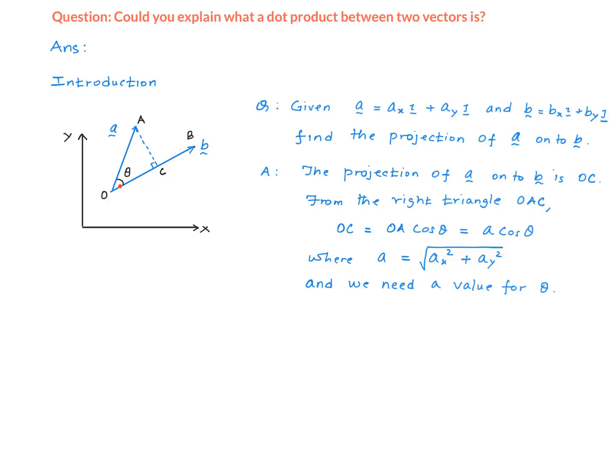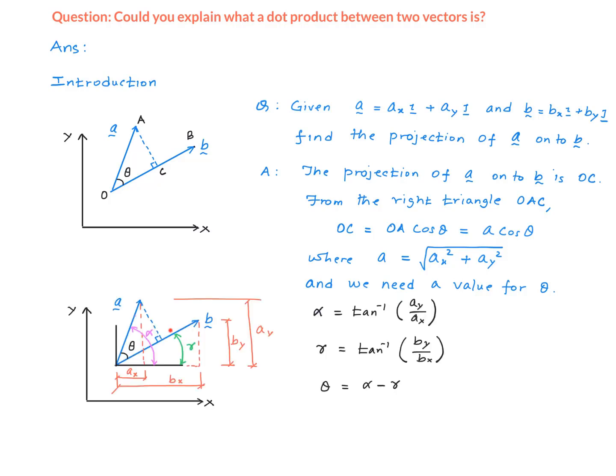By considering this right triangle, OAC, we see that OC is simply OA cosine theta, but OA is the length of the vector A, which is the square root of AX squared plus AY squared, right? Since these components are given, we can go ahead and calculate a value for A, but we need a value for theta to complete the solution here, right?